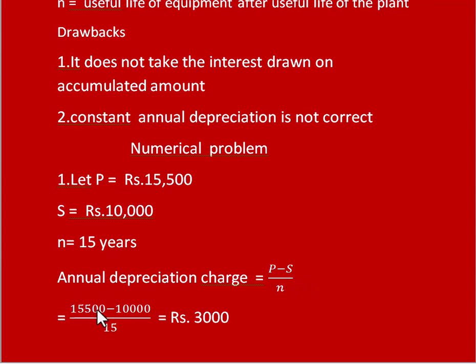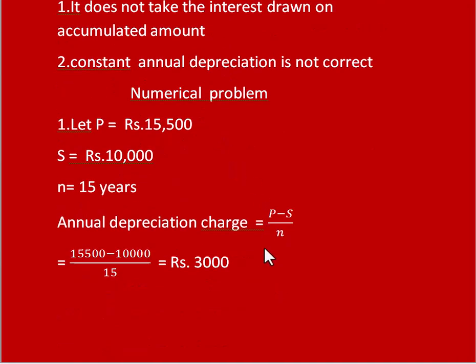The initial value is given as 15,500, whereas the scrap value is 10,000, divided by the useful lifetime of the equipment, 15 years. Once it is simplified, the value we get is 3,000. This means every year 3,000 rupees should be kept aside for 15 years.